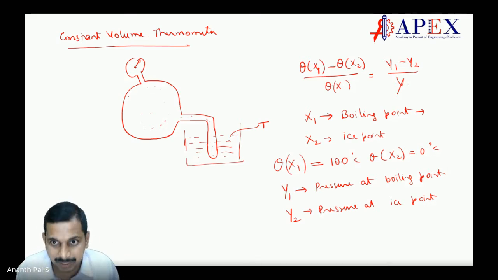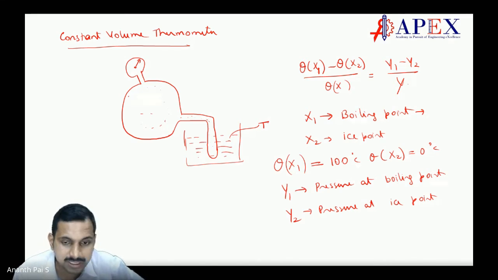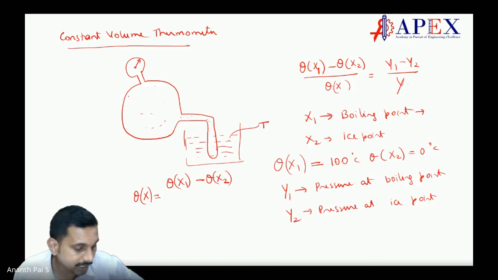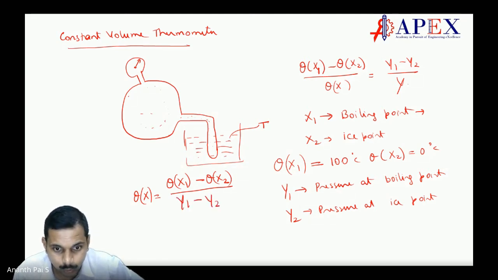On that basis we can always say what any theta x is. The temperature theta x can be theta x1, which is 100 degrees centigrade, minus theta x2, divided by y1 minus y2, multiplied by y.